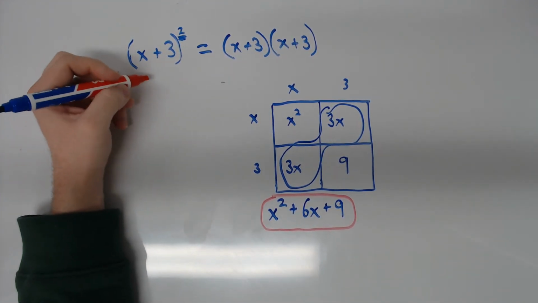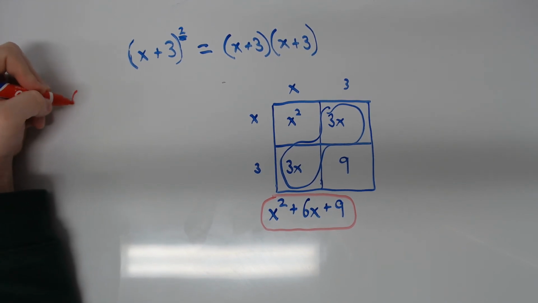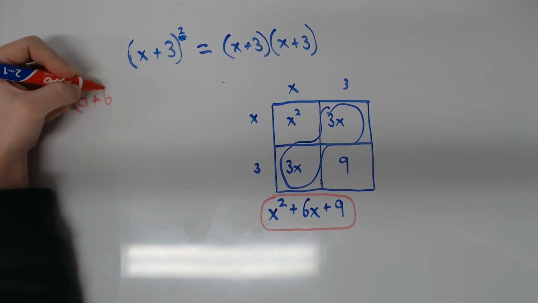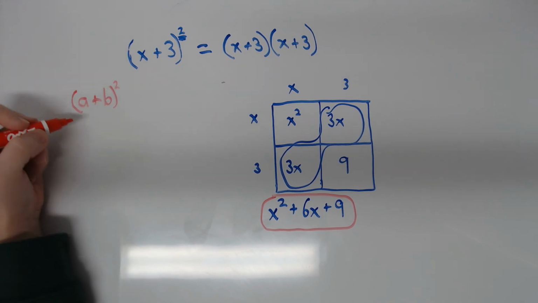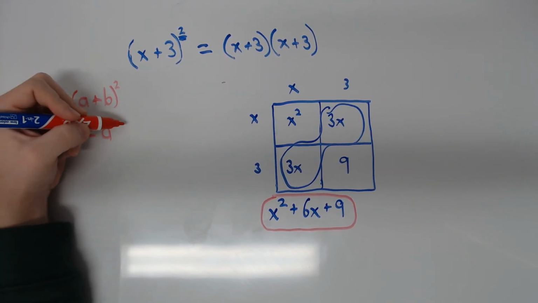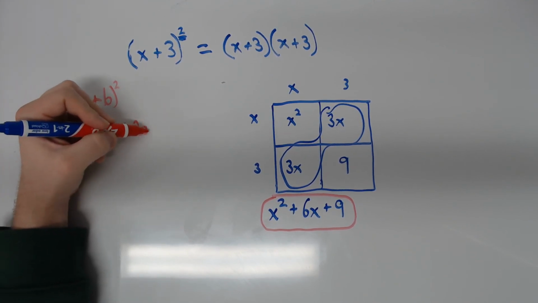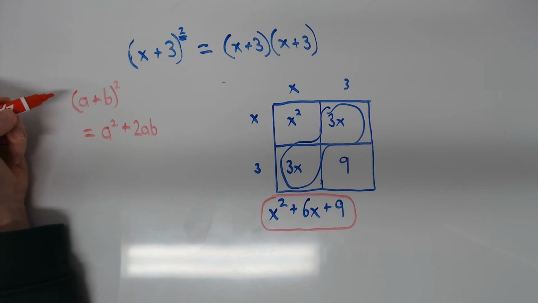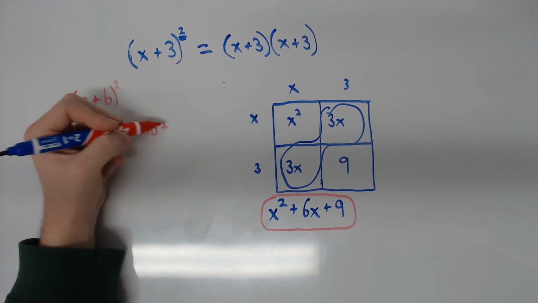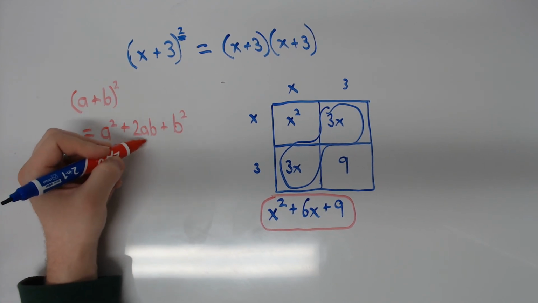And there's actually a pattern here if we looked at more. Whenever you have something plus something in parentheses squared, the result is always the first thing squared plus 2 times the first thing times the second thing plus the second thing squared. This is its general form.